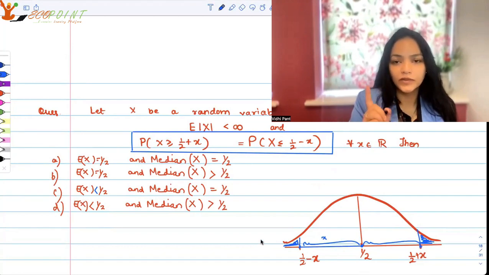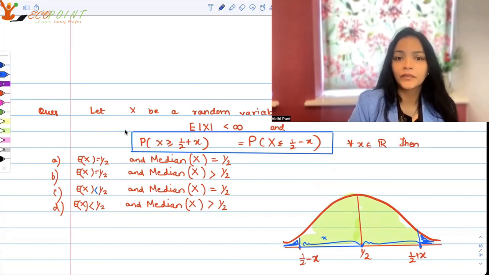If you think in terms of a continuous random variable and think in terms of area, then what is given to you is that this area is same as this area. That means they're symmetric. This random variable definitely is associated to a symmetric distribution.